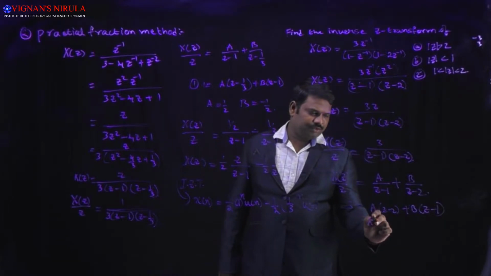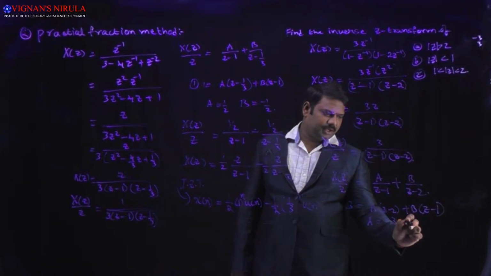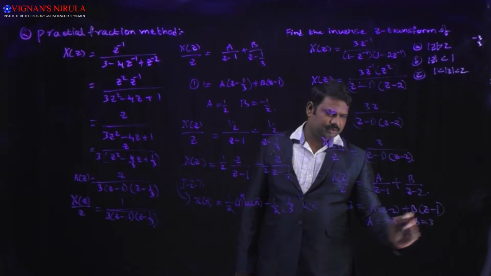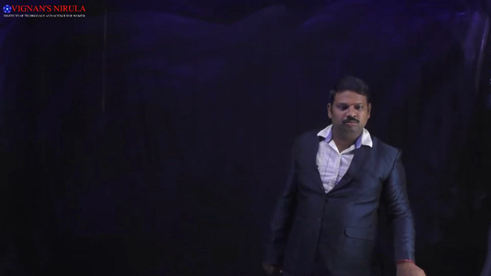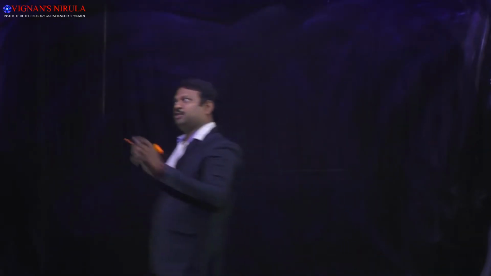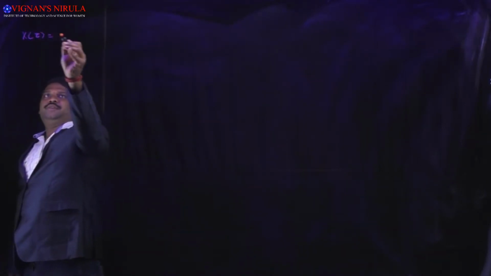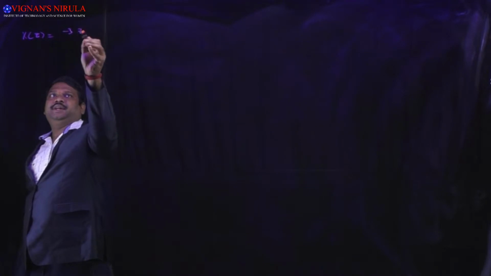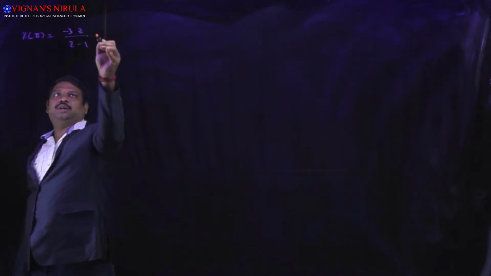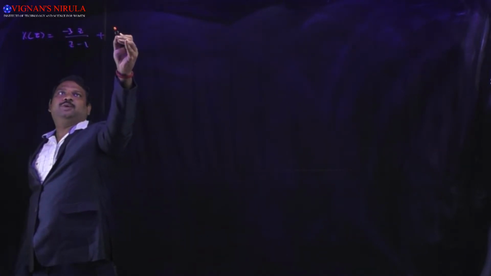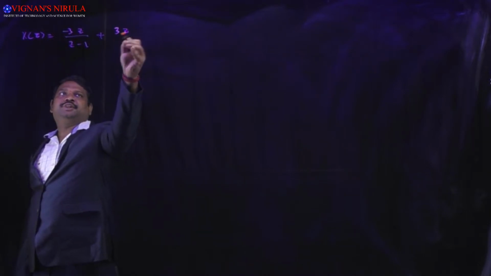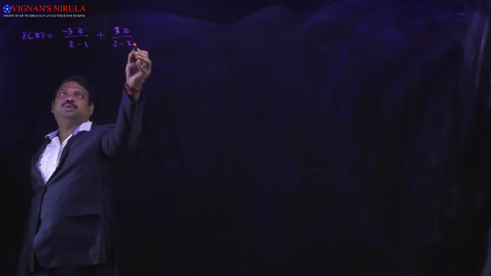The values are A = -3 and B = +3. Therefore our X(z) is -3 · z/(z - 1) + 3 · z/(z - 2).